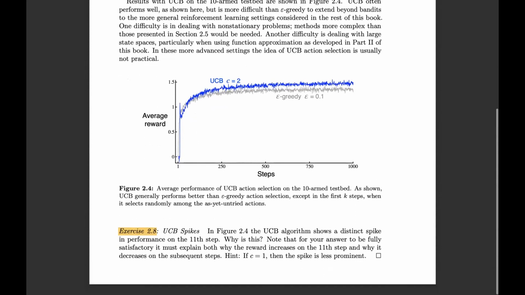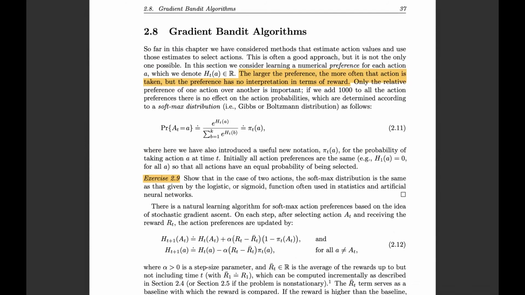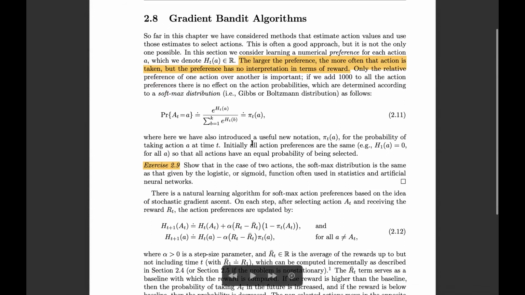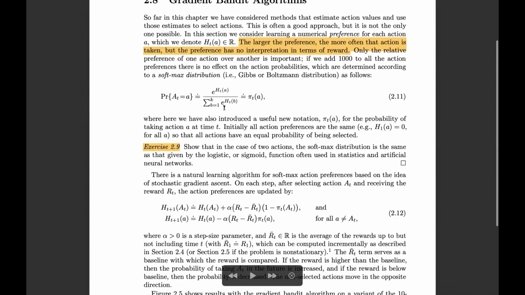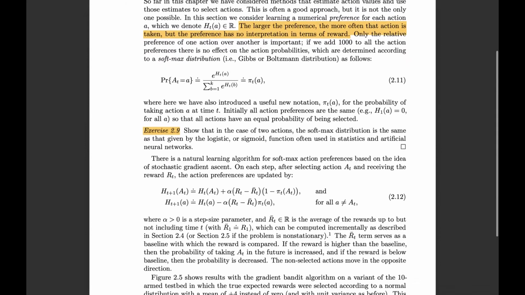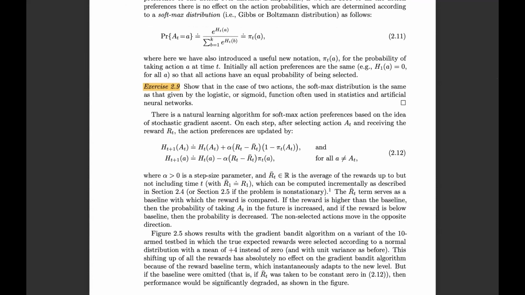And after this, it's very math heavy: gradient bandit algorithms, where they try to select actions based on preferences, not on interpretation in terms of rewards, using softmax on the reward provided on each event. And he even gives a proper induction derivation of how the present reward is affected by previous rewards as well.